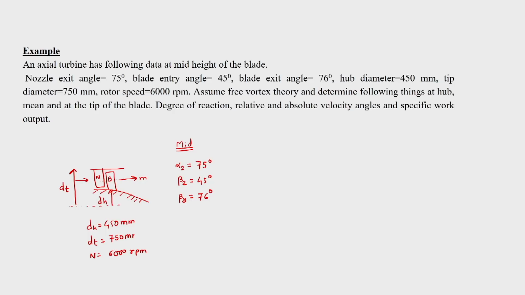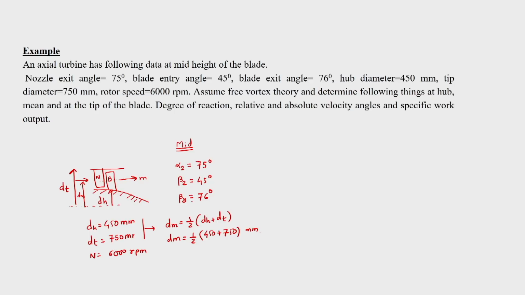Here we are not told about the height at the mid plane. So we can find the height at the mid plane from this data, where we can say that Dm, the diameter at the mean, is equal to half of DH plus DT. So Dm is equal to half of 450 plus 750 in mm.